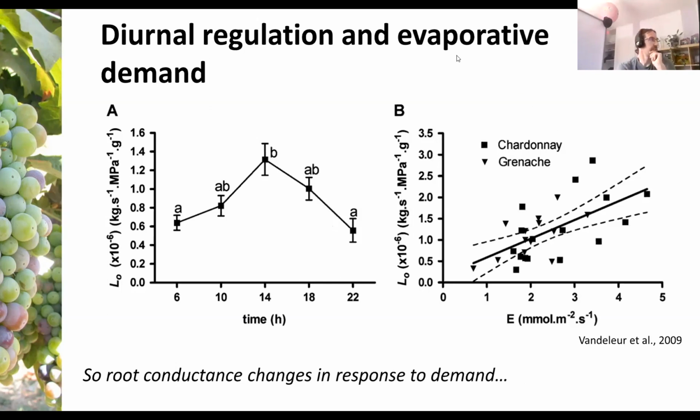This is just something I like to bring to everybody's attention, that there is this really close integration between the shoot and the root. And this integration is occurring in real time every day. And this makes measurements of root hydraulic conductivity very problematic and very noisy. It's also kind of cool because the plant is basically, every day, upregulating its root hydraulic conductance to compensate for these increased fluxes.